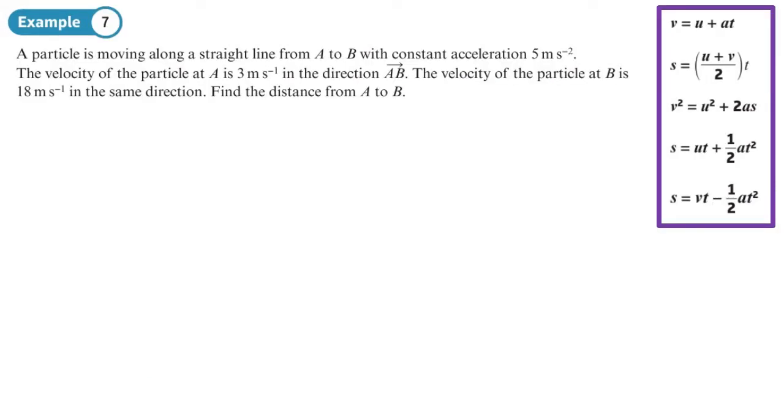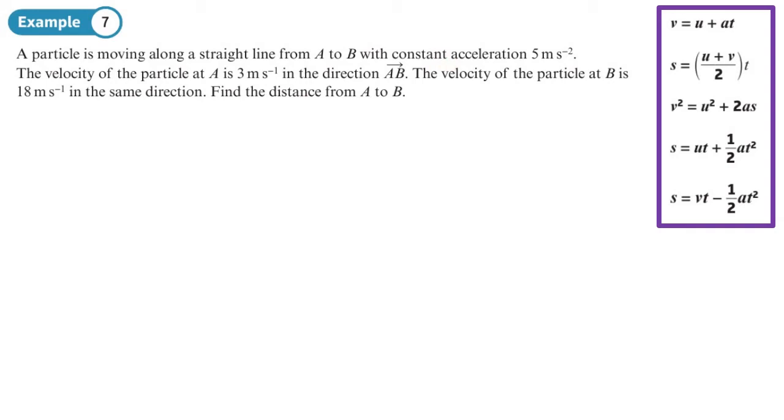Right, so in each of these examples, I've put the SUVAT equations up at the side here, just as a quick reference. It's a bit like if you're doing an assessment or an exam, you will have the formula booklet maybe opened at that page, just in case you need a quick reminder of the SUVAT equation. So we've got a particle moving along a straight line from A to B with constant acceleration, 5 meters per second squared.